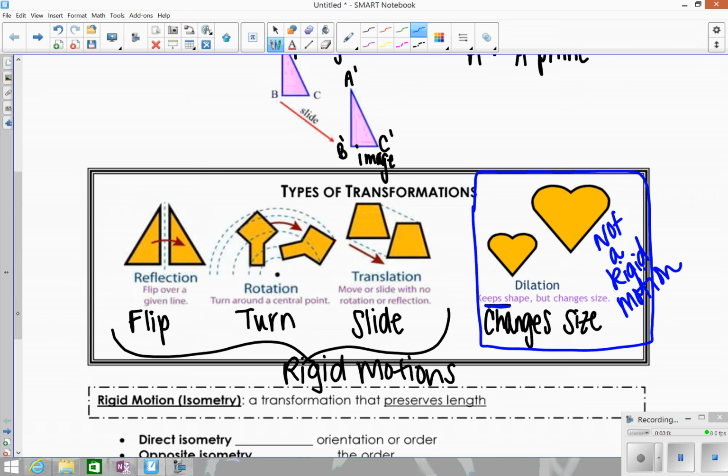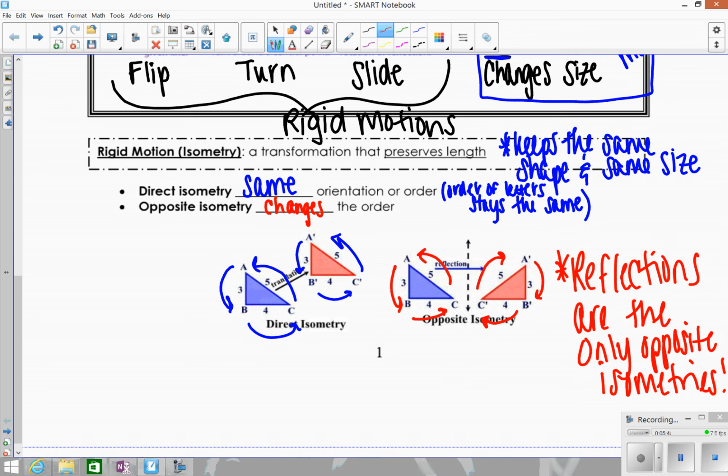So I'm just going to make a note of that. Reflections are the only opposite isometries. So that means translations as well as rotations are going to keep the order the same. So I'm going to make a note of that.